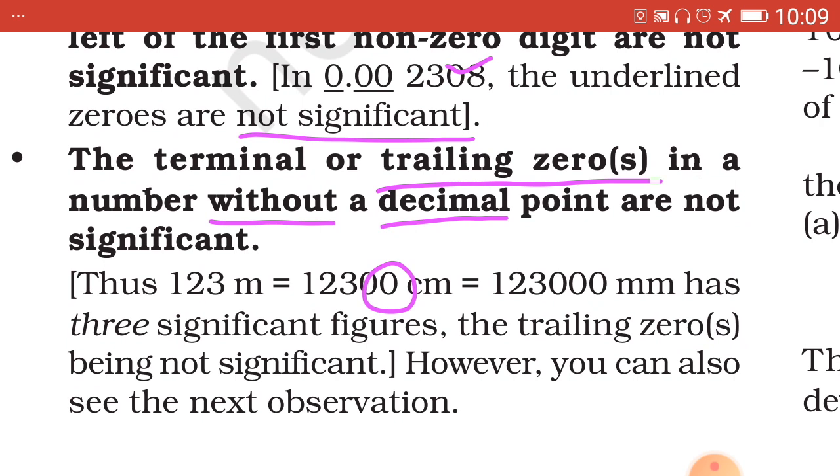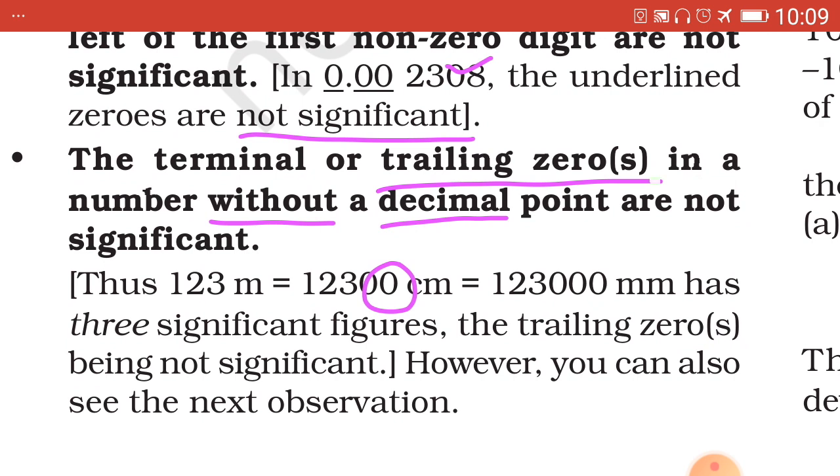Now next rule: the trailing zeros in a number without a decimal point are not significant. Terminal or trailing zeros without a decimal are not significant, which we have seen previously in the case of units. Here also we consider a units example.